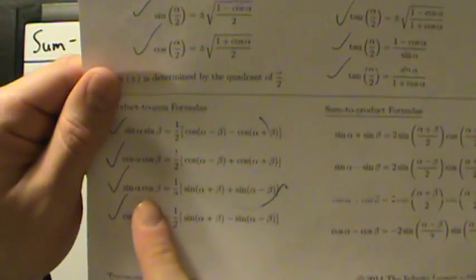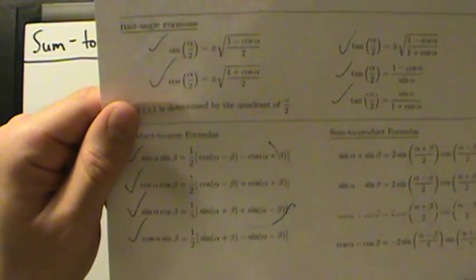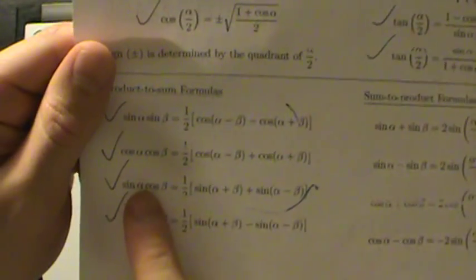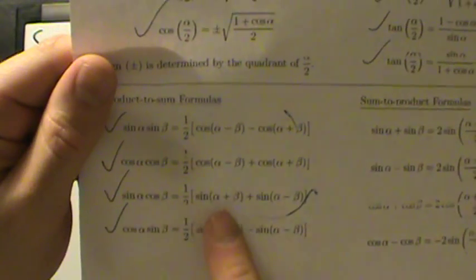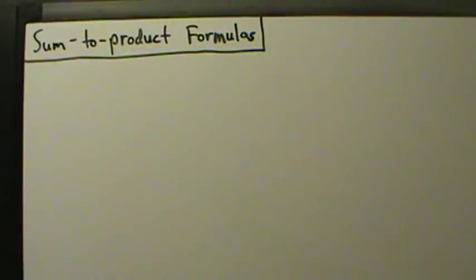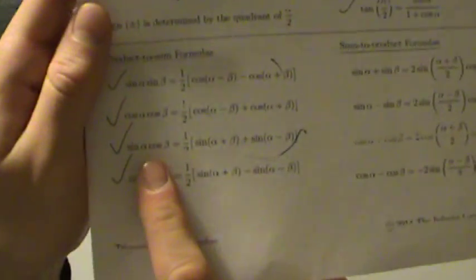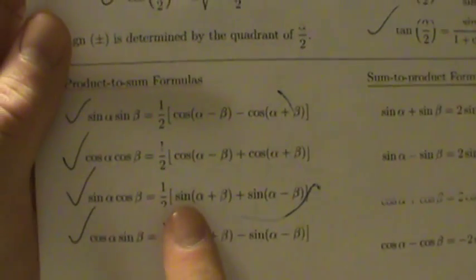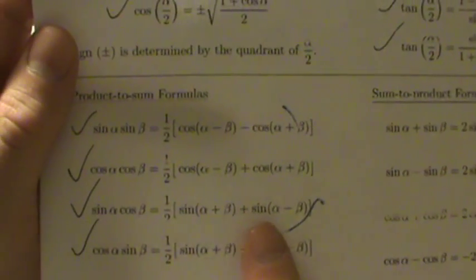What we're going to do involves something kind of weird. We rewrite this formula, but instead of alphas and betas, I'm going to use x's and y's, because we're going to make a little substitution, and then we'll rewrite everything in terms of alphas and betas. So sine alpha cosine beta is 1/2 of sine alpha plus beta plus sine alpha minus beta.